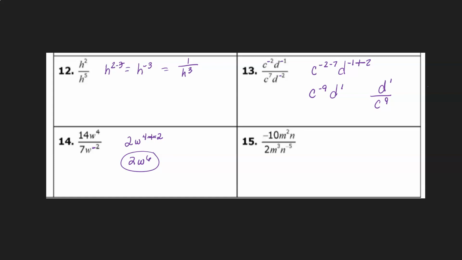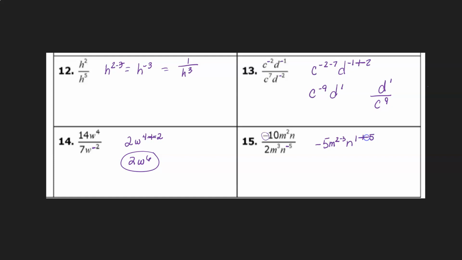So let me check my negative signs here for number 15. Looks like negative 5 is it. All right, so negative 10 divided by 2, that's not a negative exponent. That's just a negative sign. So I have negative 5, m to the 2 minus 3 power, n to the 1 minus negative 5 power.